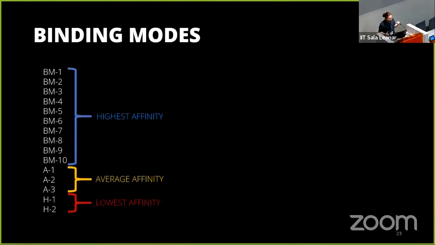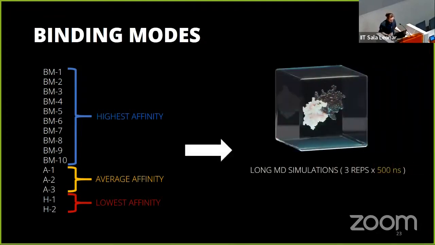So we picked 10 of the highest affinity binding modes, 3 with average affinity, and 2 with the lowest affinity. And we ran much longer simulations, triplicates of 500 nanoseconds each.